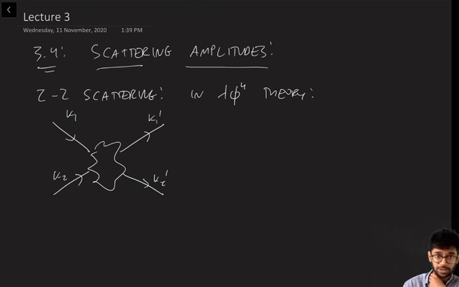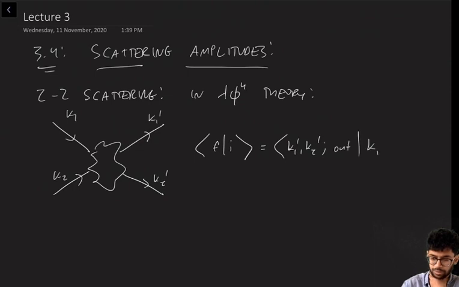In other words, I want to calculate the following matrix element. I want to calculate the inner product of the initial and the final state, which in this notation I would write as K1 prime, K2 prime as the out state, inner producted with K1 and K2 as the in state. So I'm going to calculate this inner product.